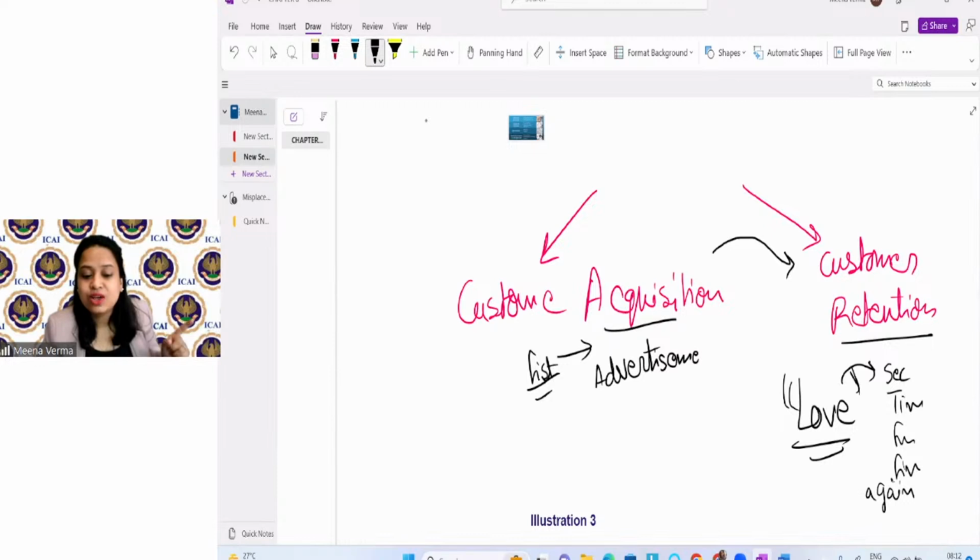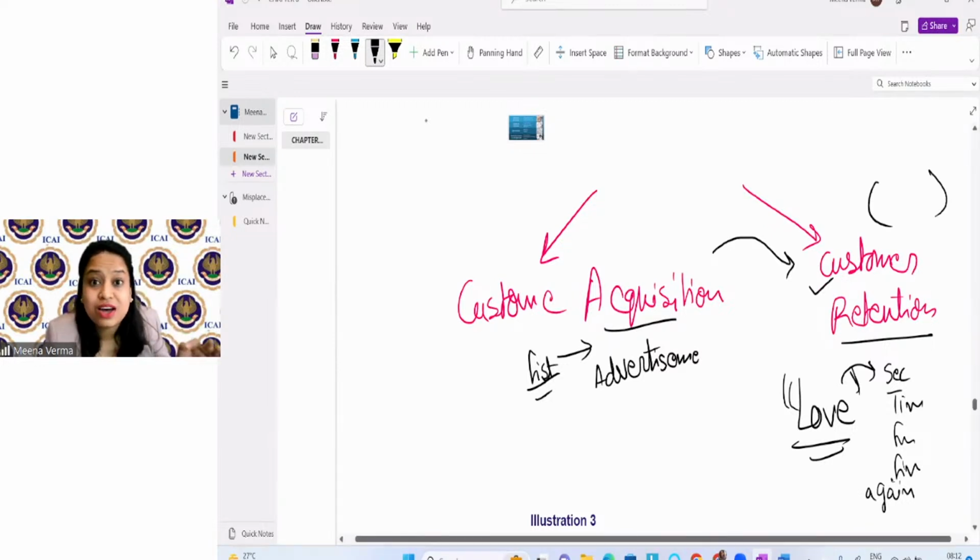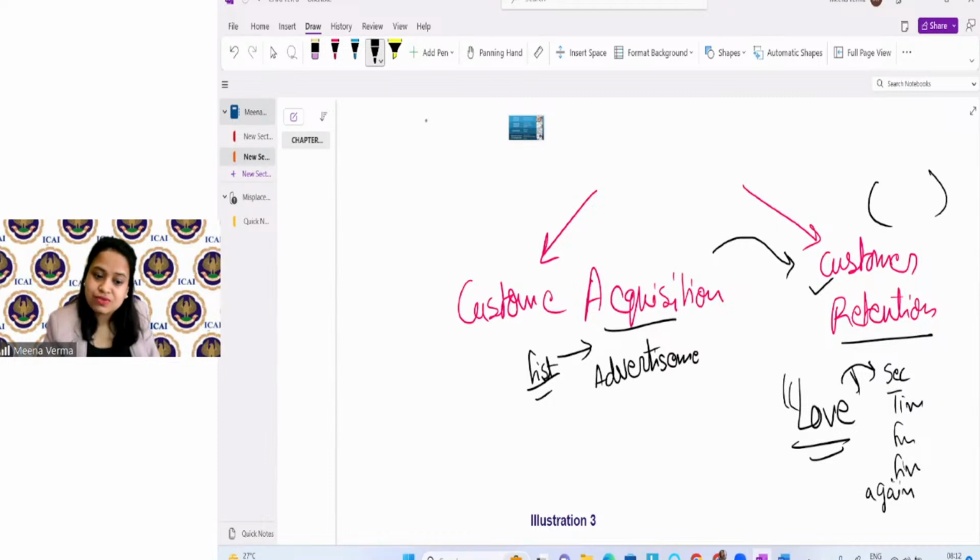So when do we retain the customer? When the customer loves your product, when the customer loves your services. Then he will come to you again and again to buy the same product because he likes that product and those services. So this will help to retain the customer.